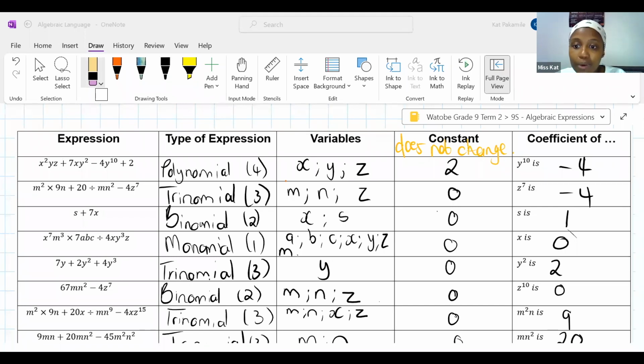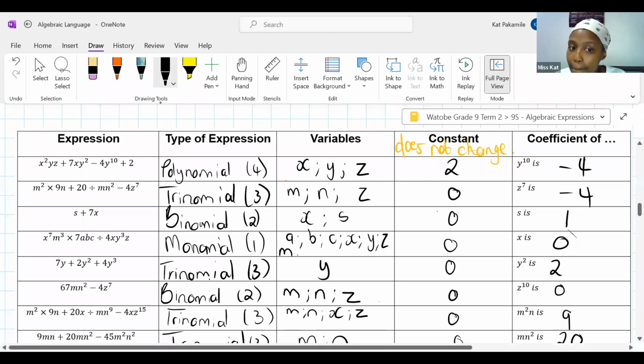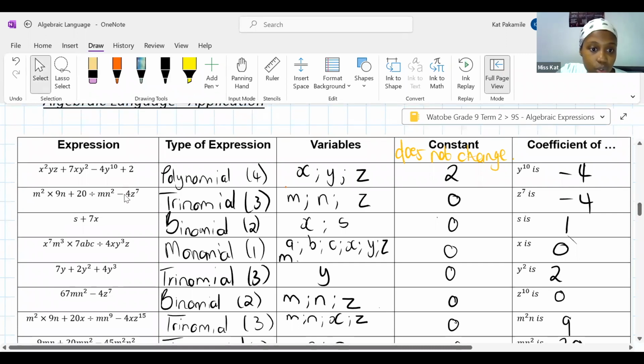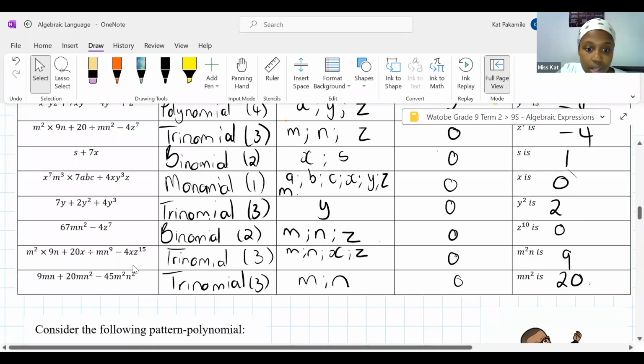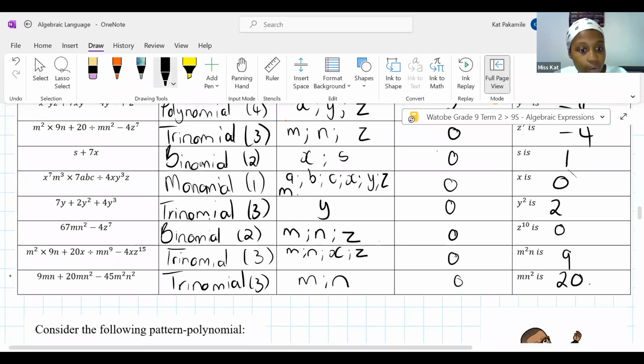Hi, ma'am. I was wondering if you can explain the eighth expression. Okay, let's count. 1, 2, 3, 4, 5, 6, 7, 8. Okay, where did I lose you in the eighth one? At the first term. Here, where I ask what type is it? Do you not agree it's a trinomial?